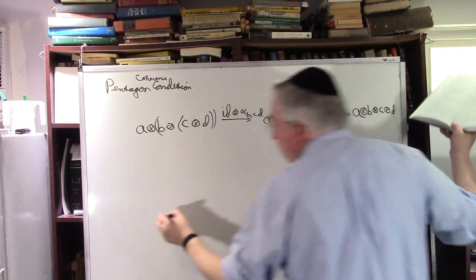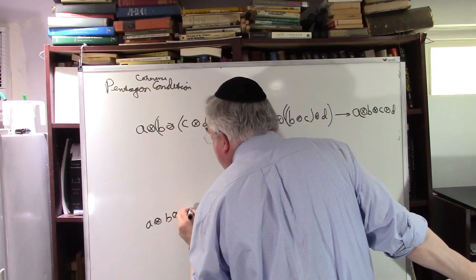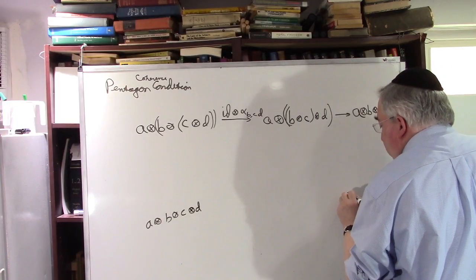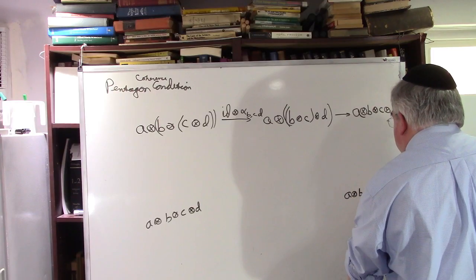We got 2 more. A tensor B tensor C tensor D.